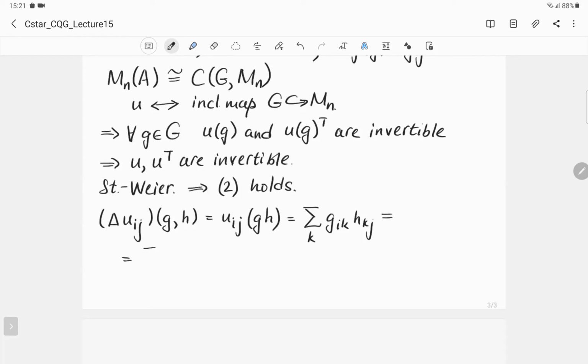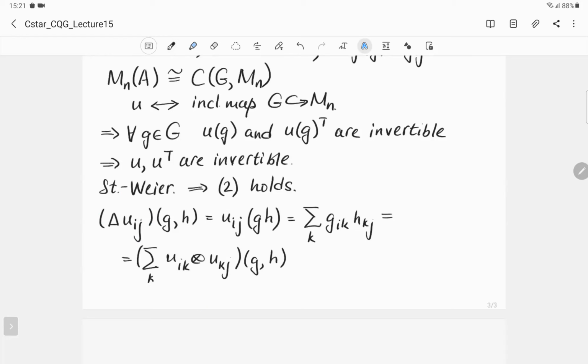Or, equivalently, we can write this as follows. We consider the following element in the tensor product, Uik tensor Ukj, and evaluate it at g and h. Okay, so we see that condition 3 holds, that is, this element is equal to this element.